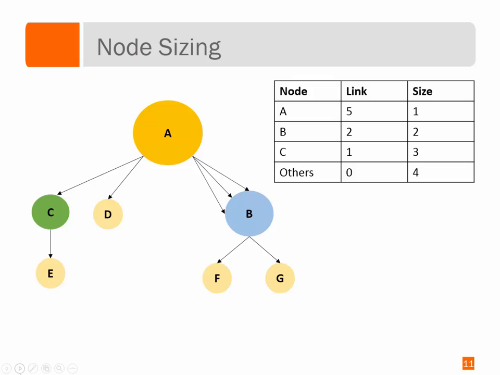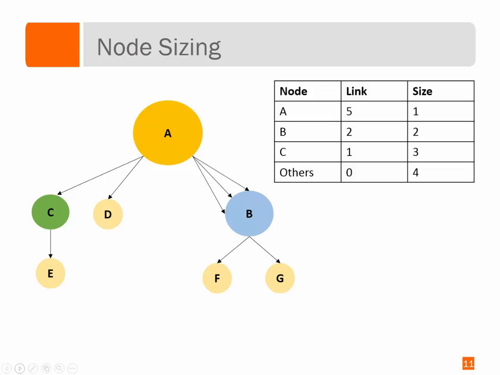We can count those. If we start with node A, we see it has one relationship to node C, a second relationship to node D, and then 3 more relationships with node B. So altogether, it has 5 links, or at least the emphasis of 5 relationships.